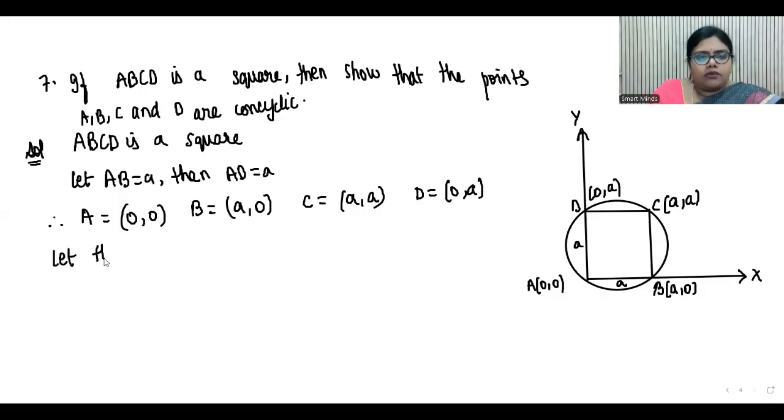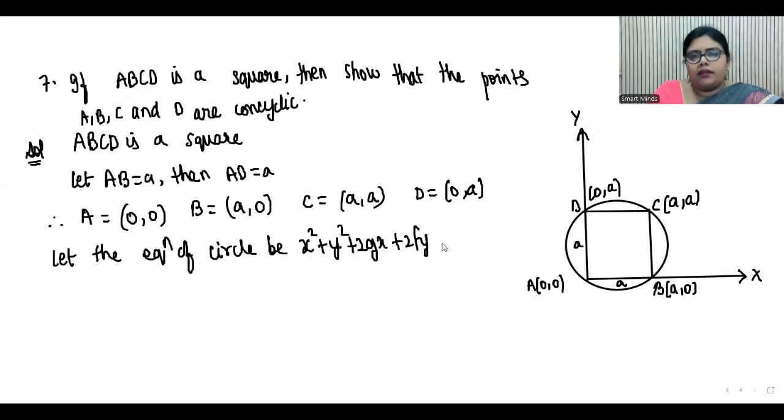Now let the equation of the required circle be the general equation. What is the general equation? x square plus y square plus 2gx plus 2fy plus c is equal to 0. This is equation number 1.